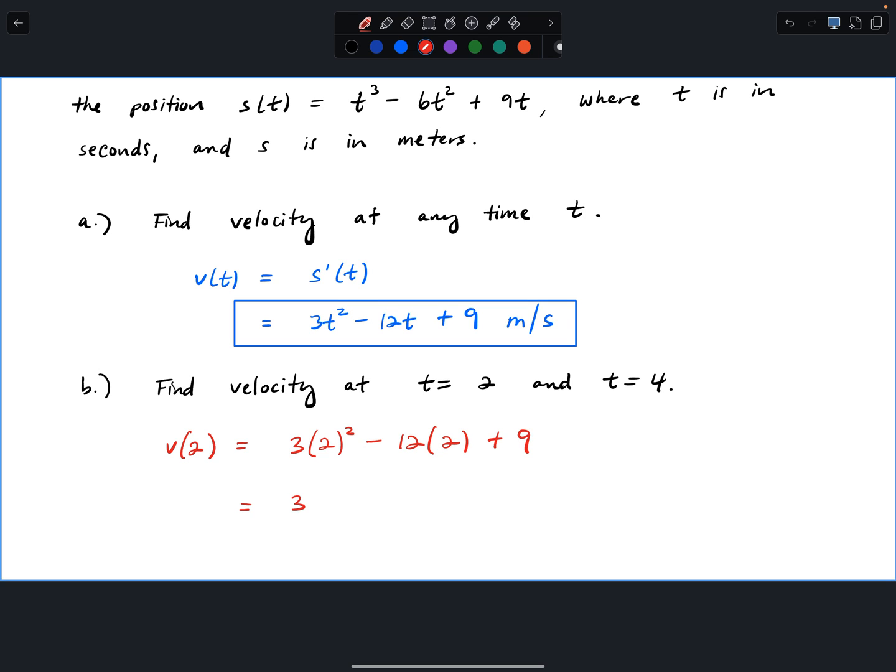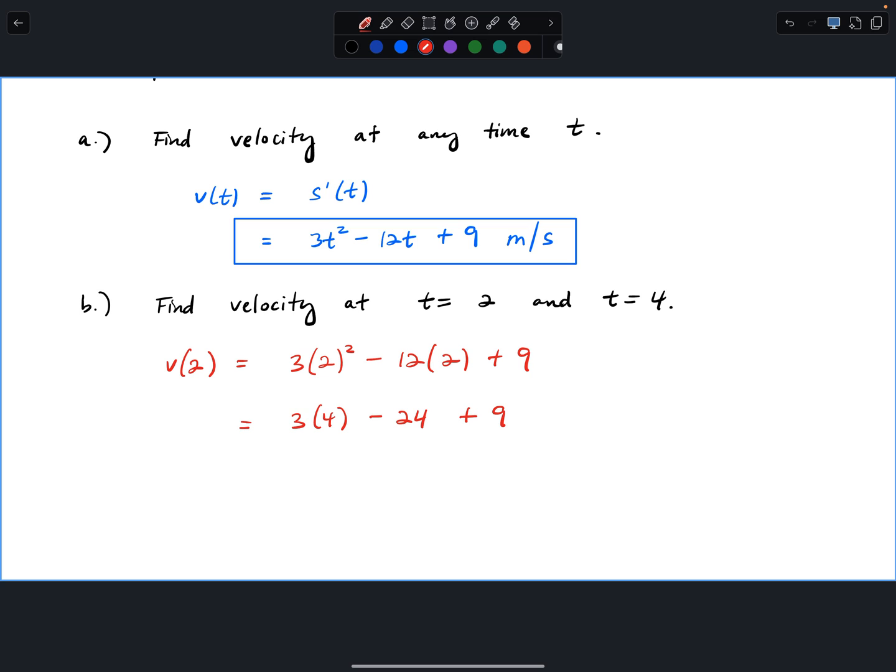So it'd be 3 times 4 minus 24 plus 9. 3 times 4 is 12. 12 minus 24 is negative 12. Negative 12 plus 9 is negative 3 meters per second.